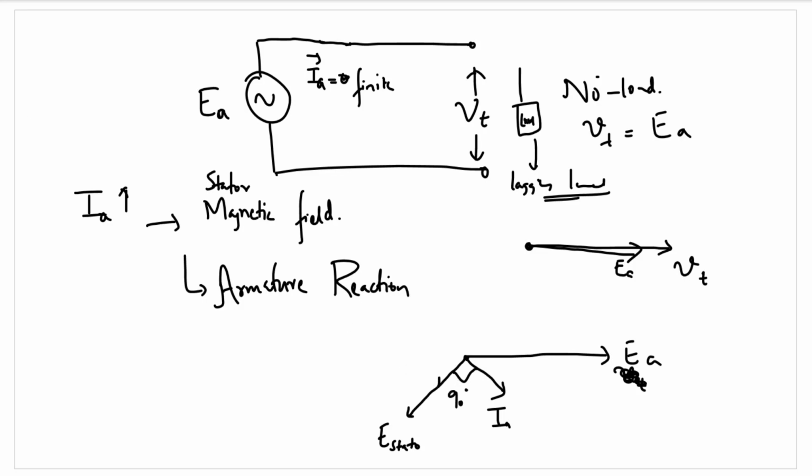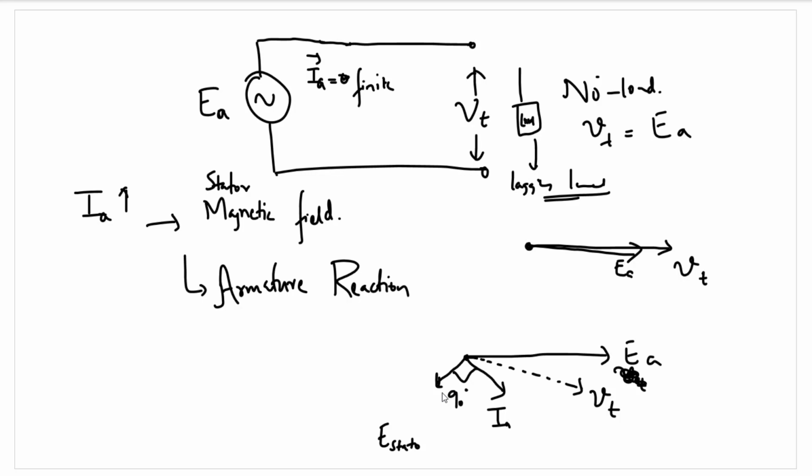So let me redraw this. The magnitude of E stat will be less. It will not be as much. So the resultant voltage will actually be Vt. The resultant vector of E stat and Ea will be Vt.